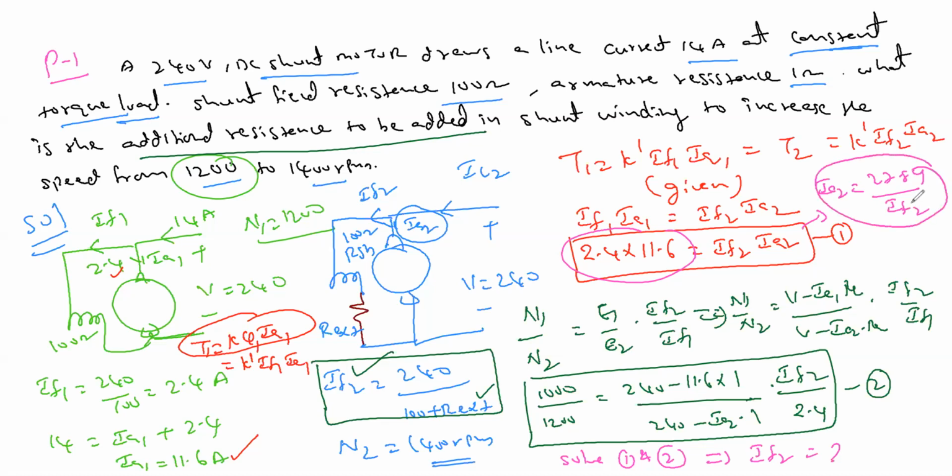Substitute this value for IA2 and you will get some quadratic equation for IF2. So solve that. What will the IF2 value be? Please do that. I'll give 2 minutes. I know the answer, so can you please finish it up?